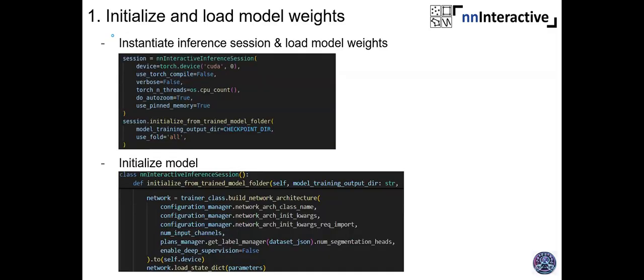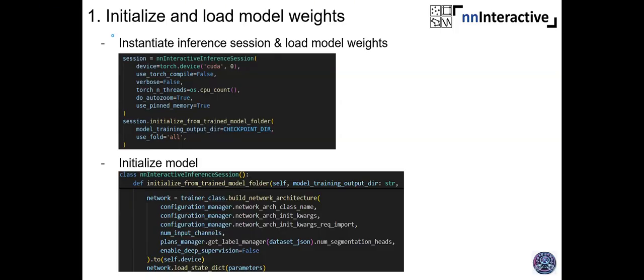First, it initializes the model weights. It initiates the inference session, which is an interactive inference session, and loads model weights. And here, the nnInteractive inference session is a class that coordinates the inference as well as the addition of the prompts.